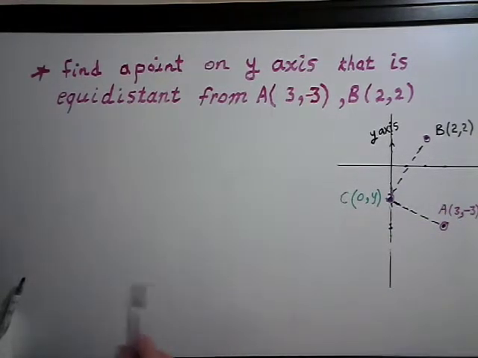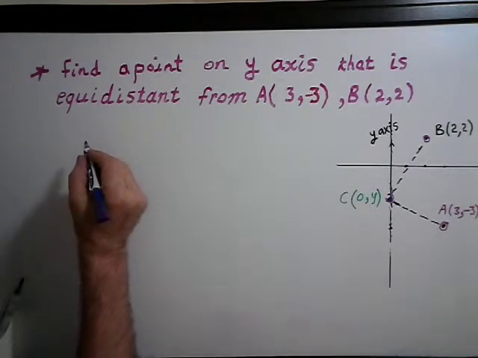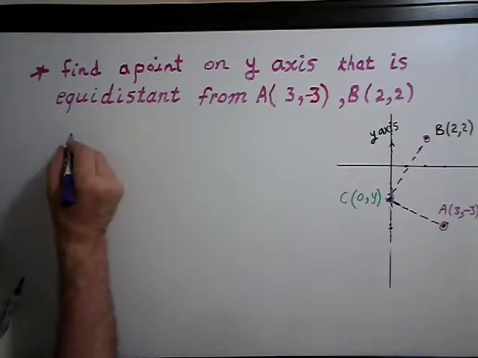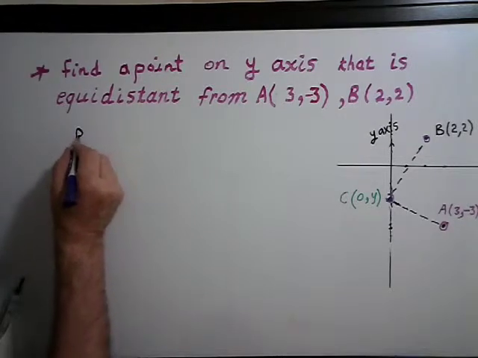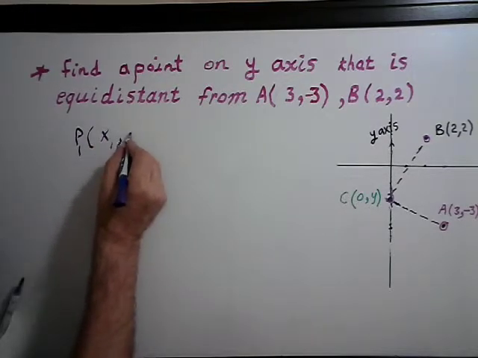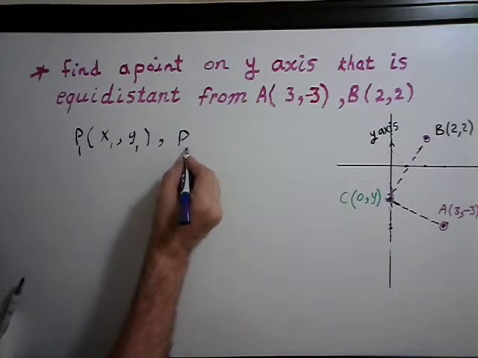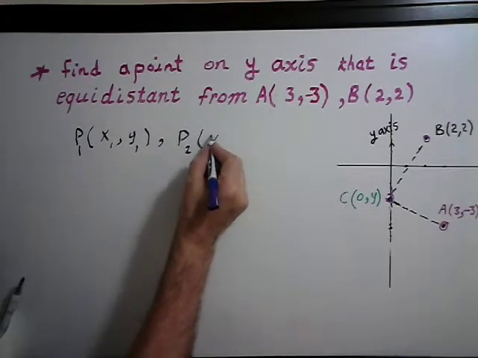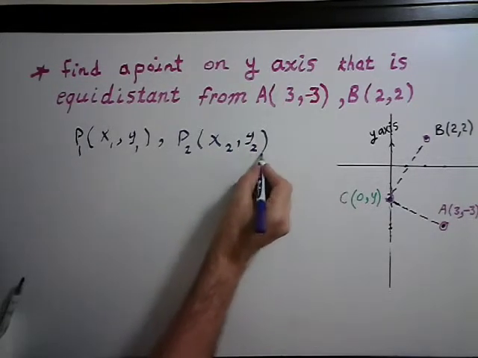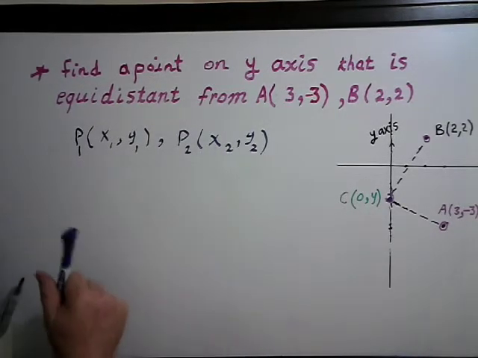Okay, now let us remember the rule to find the distance between 2 points. Any 2 points like P1 and P2, P1 is x1, y1, P2 is x2, y2.